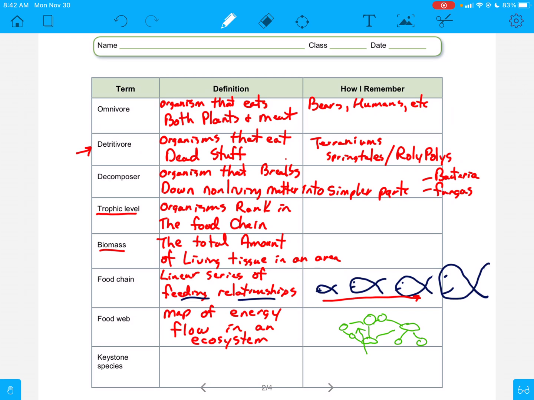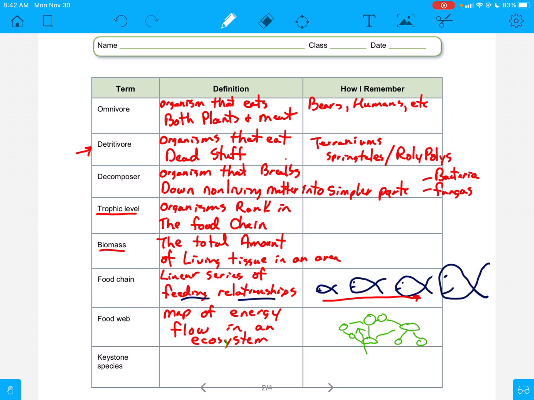And then finally, the last one that we're going to look at on this definition is keystone species. So let me erase this that I just did with my finger by accident. Okay, and keystone species, we've talked about this already, haven't we? And now here it is in our vocabulary.